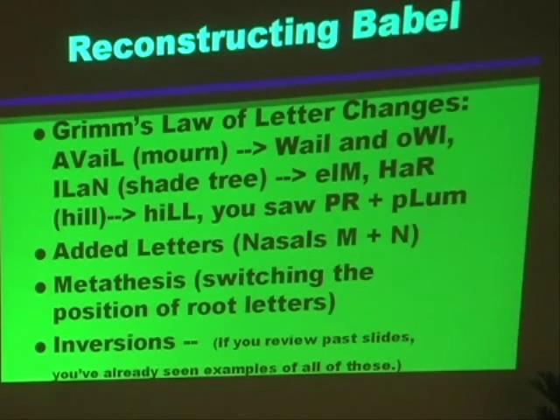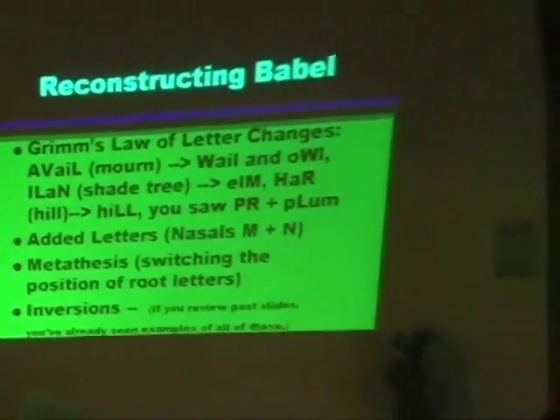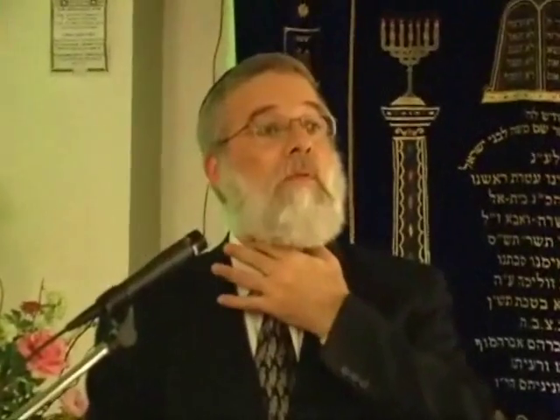For example, the letters daled, tav, lamed, nun, tav, da, ta, la, na, ta, they come from the tongue. Right? Bet, vav, mem, pei come from the lips. Then you have aleph, het, ain, that comes from the throat, otiot groniot. Zayin, tzadik, samach, resh, shin, fricatives, as they're called in English, from the teeth.